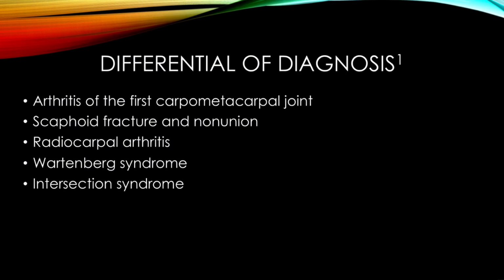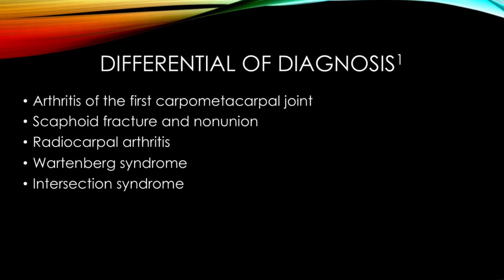Differential diagnosis. So we've got arthritis of the first carpometacarpal joint, which will cause a different pain pattern. Scaphoid fracture non-union: a differentiating factor would be a different quality of pain, a dull kind of pain for the fracture, whereas De Quervain's is more of a burning or pulling sensation.